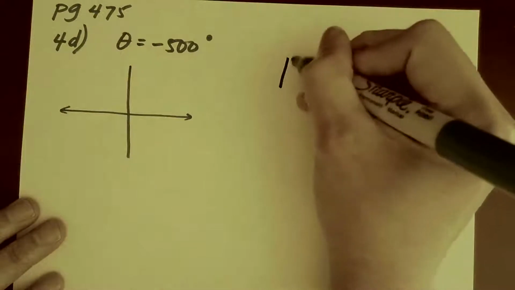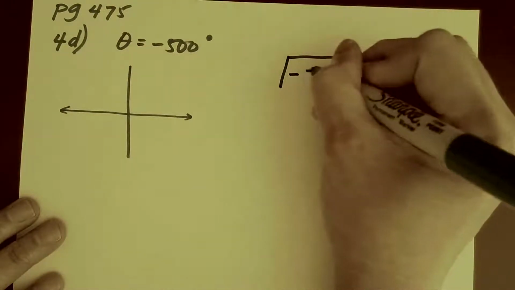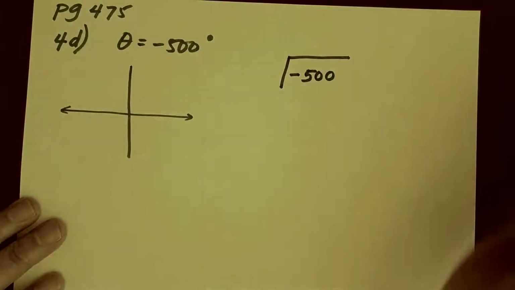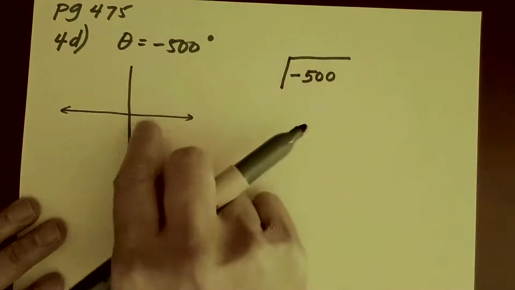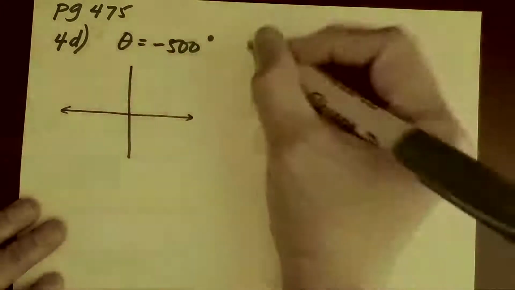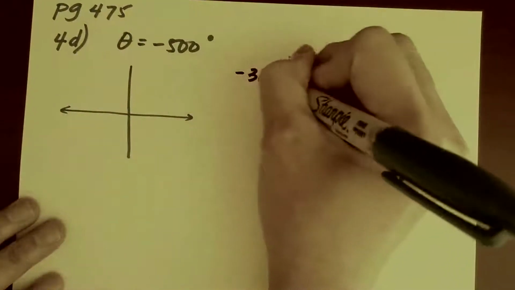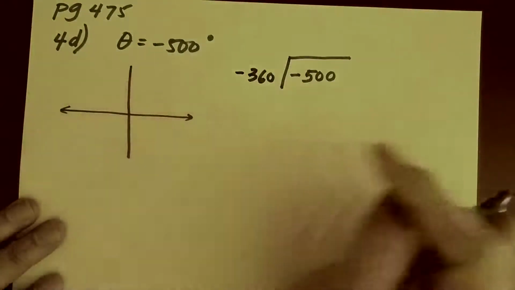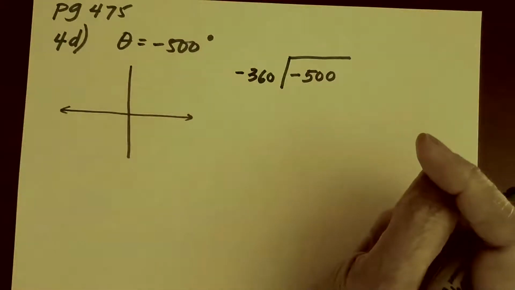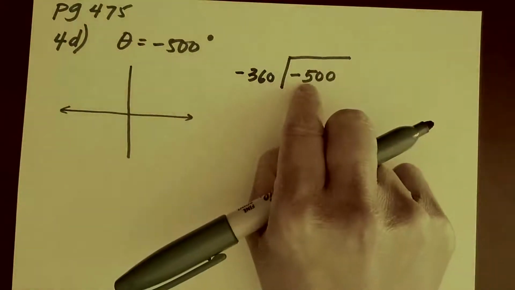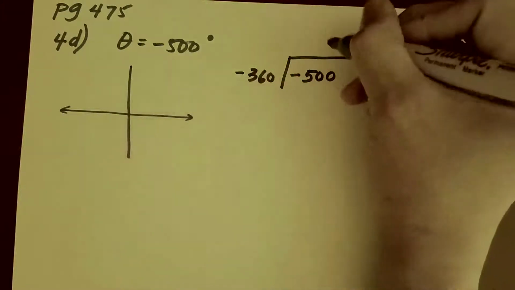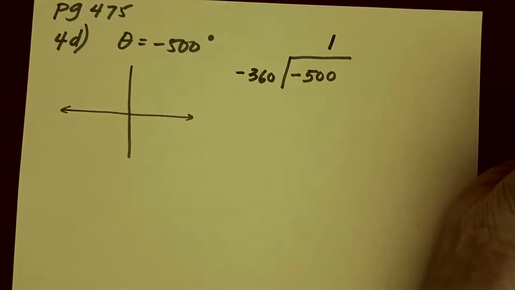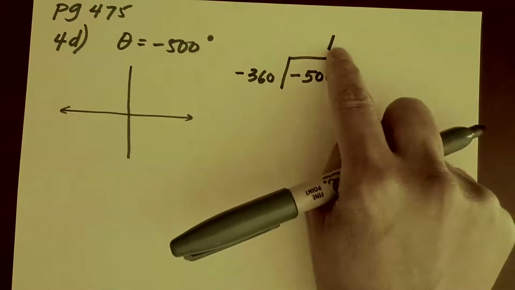I know this is negative 500 degrees, and I'm sticking with the negative there. If I go one full run around this way, that's negative 360. So how many full revolutions can I go? Negative 500 divided by negative 360, I can only go one full round, so positive 1.